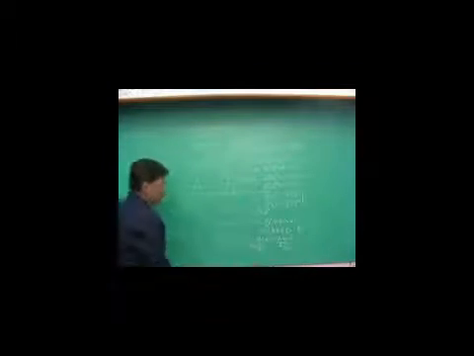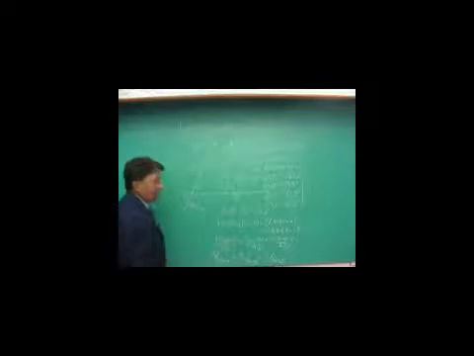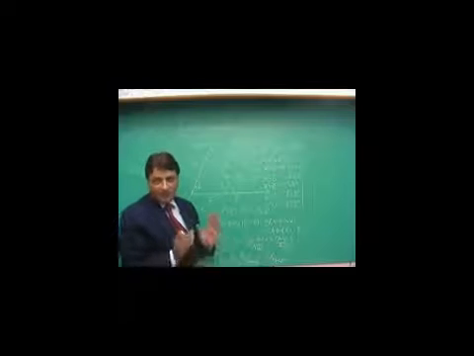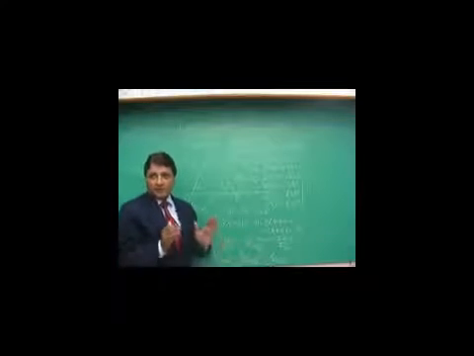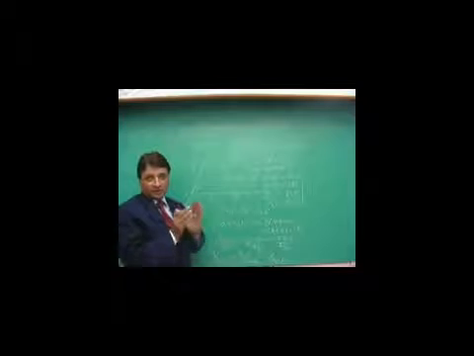Dividing both sides by ABC, you will find A upon sine alpha, B upon sine beta, C upon sine gamma. This is the famous Lami's theorem.